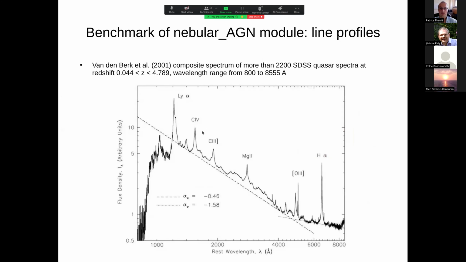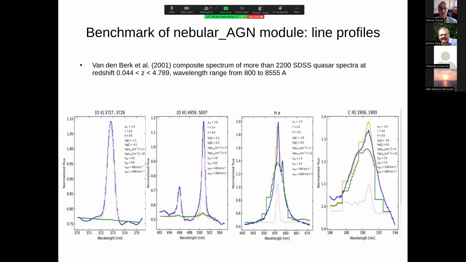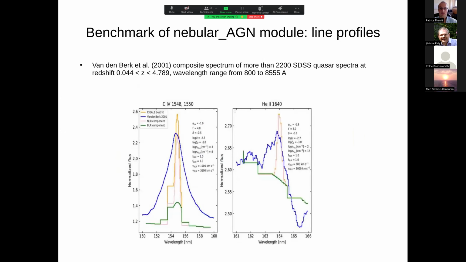So we have a nebular AGN module in CIGALE that we will benchmark. First we will benchmark on a composite spectrum of 2000 quasars. You can see that we can reproduce very well the lines in the visible, and fairly well, with some difficulty, the lines in the UV.